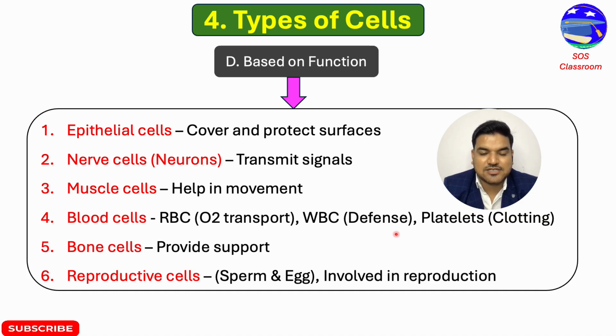WBCs work as a defense mechanism against bacteria, viruses or foreign particles. And platelets work in clotting inside the body. Next, bone cells provide support to the body, and reproductive cells, sperm in the male and egg in the female, are involved in reproduction. So these are the different types of cells inside the body which have different functions.